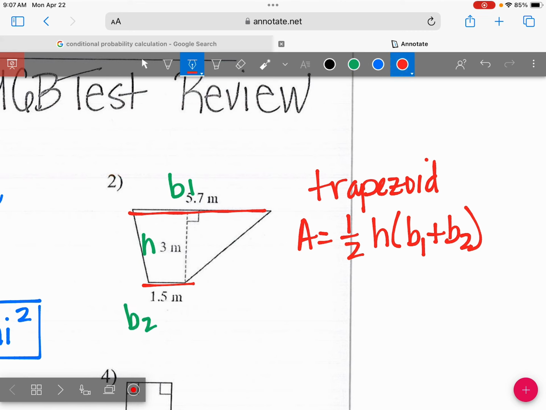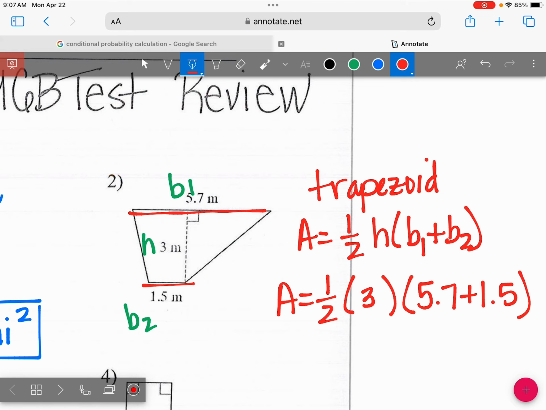So in your calculator, you're going to take area is 1/2 times the height, which is 3, times B1 plus B2. All right, go ahead, type that in your calculators.